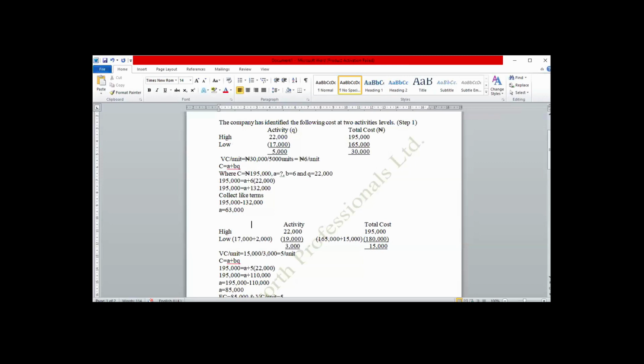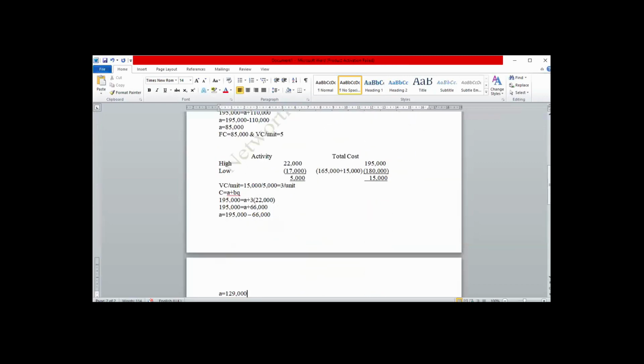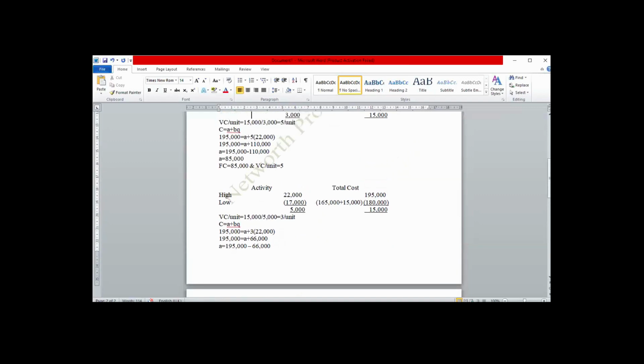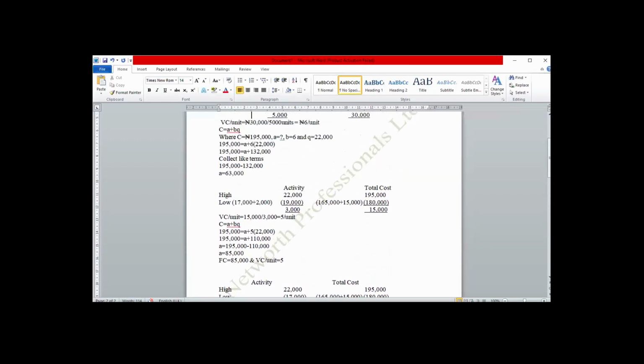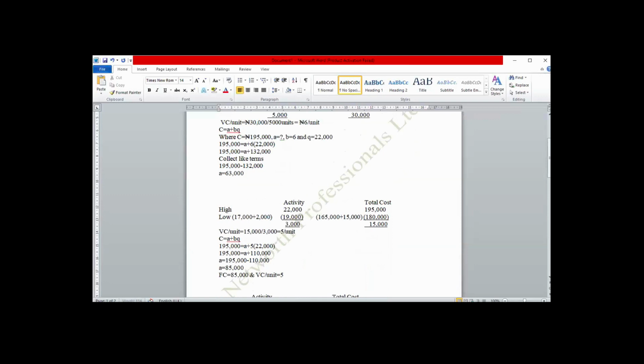Then at this junction, we have an increment in fixed cost.